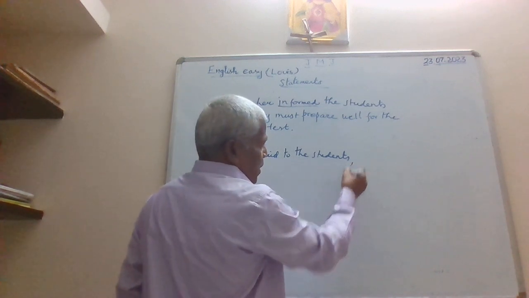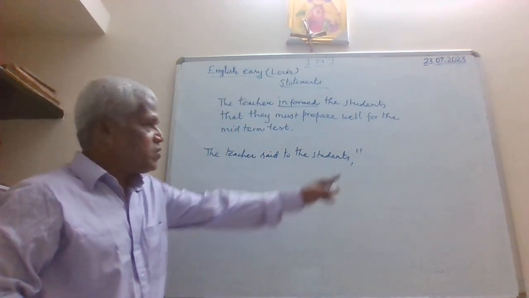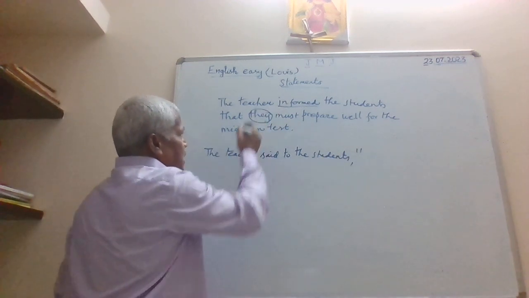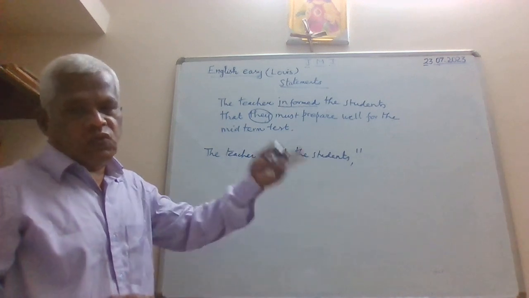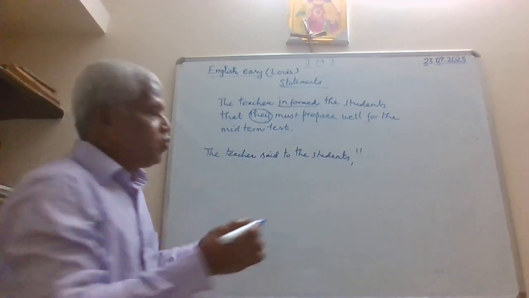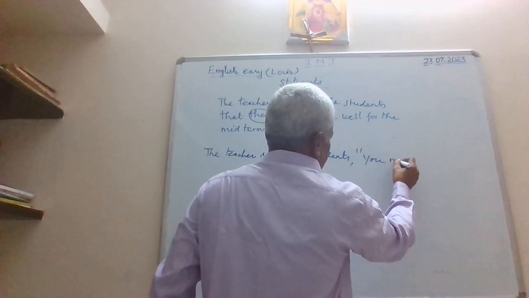So what should you do? Comma. You have to begin the portion within the inverted commas. So open the inverted commas. And this pronoun they refers to whom? The students. So how would the teacher inform the students? You. See? You must remain as must only.